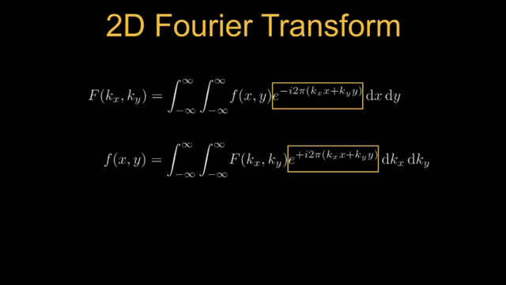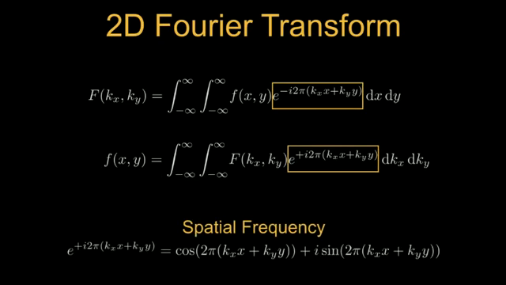Spatial frequency means something's varying as you move in space. And going back to Euler's formula, we can see that this complex exponential is decomposed again into sinusoids, but they have slightly different appearance. You have, in general, a real and an imaginary part, dictated again by cosine and sine, but as a function of 2 variables.